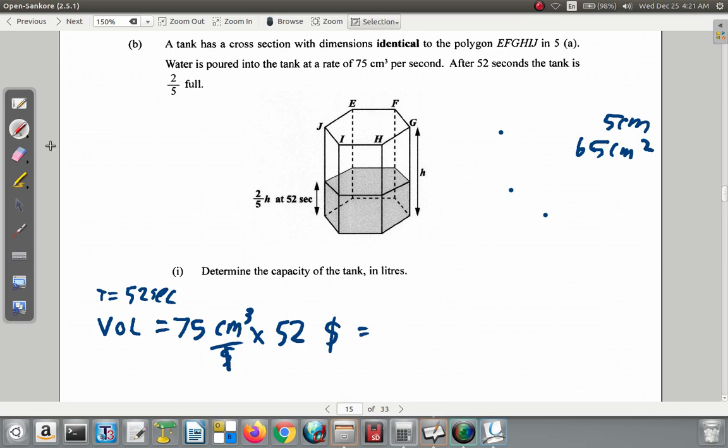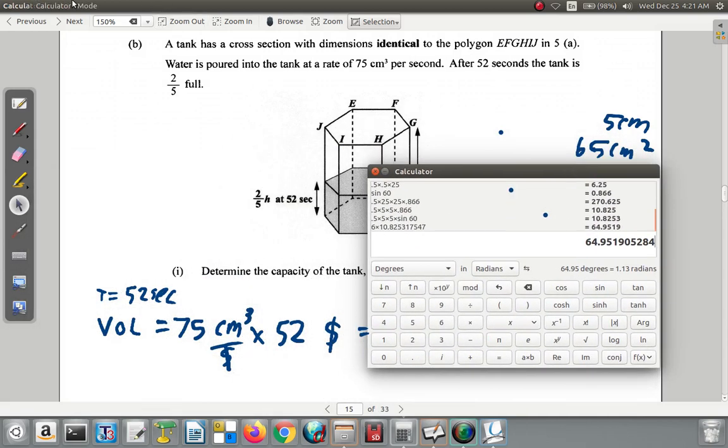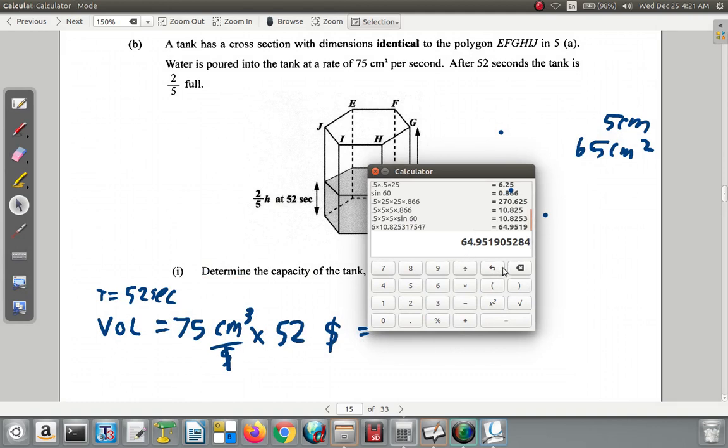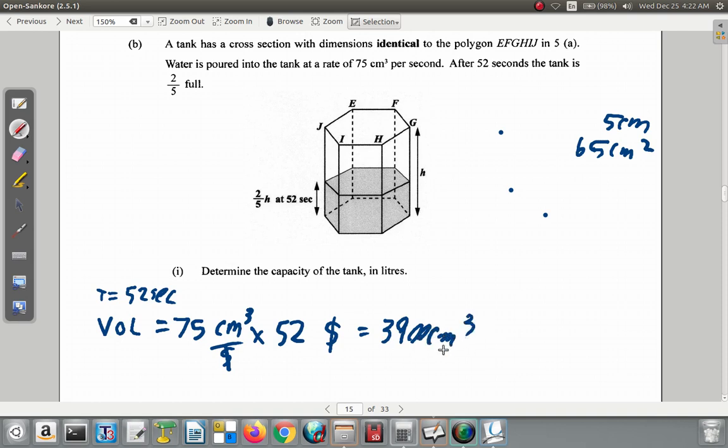So here what you would have is 75 multiplied by 52. 3,900 centimeter cube of water would go in there after 52 seconds, so 3900. Right? So what we have is 3900 cm cube.